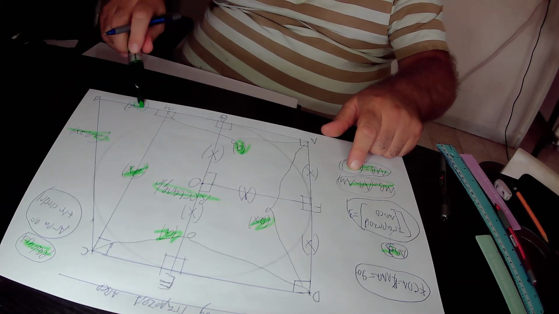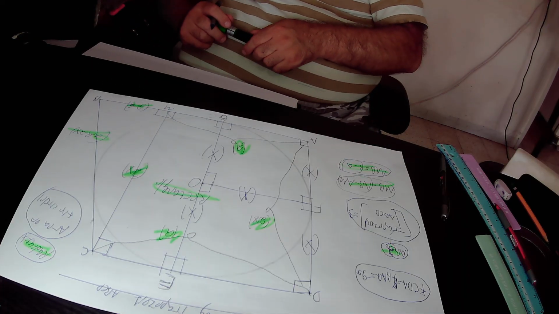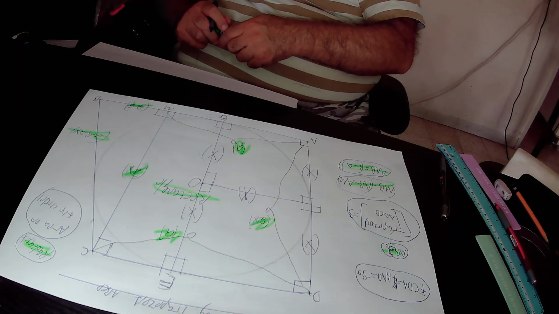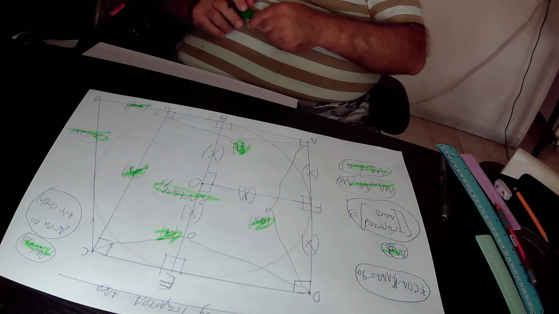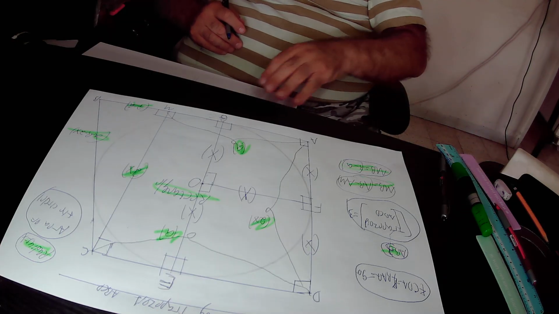In the next step, I'll copy the big right triangle CMB onto a new page and we will apply the Pythagoras theorem on this big right triangle CMB. According to the Pythagoras theorem, in any right triangle, the square of the hypotenuse equals the sum of the squares of the perpendicular sides.